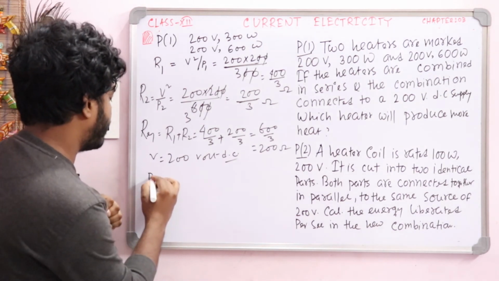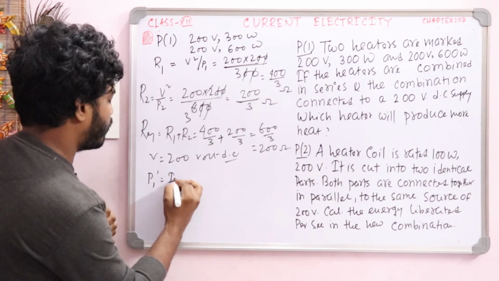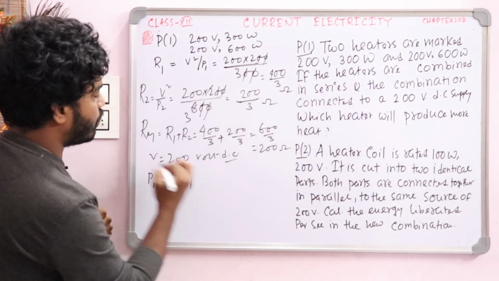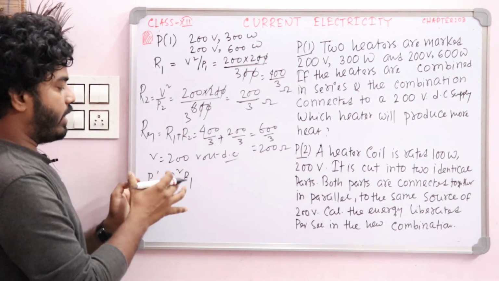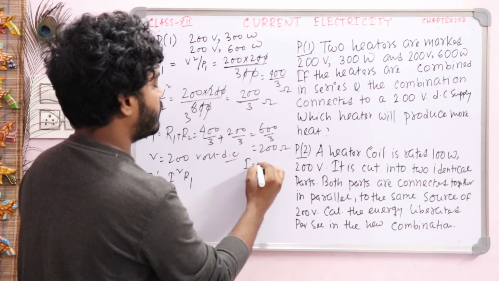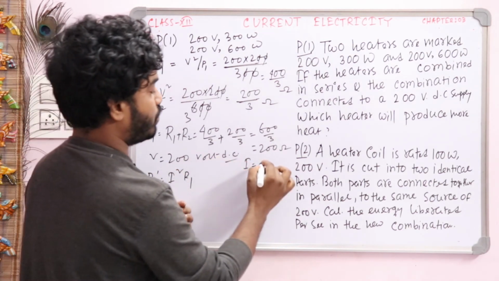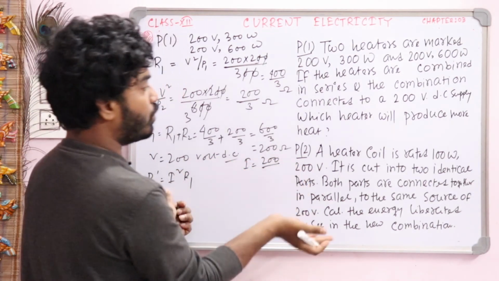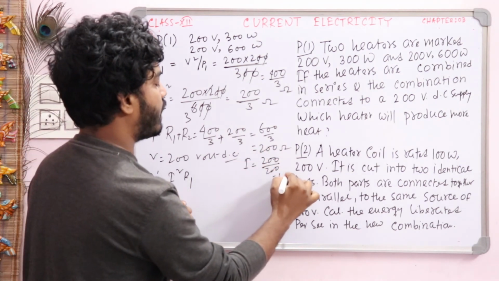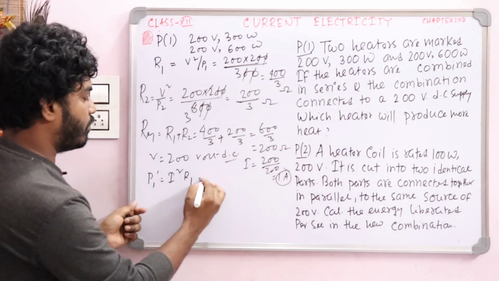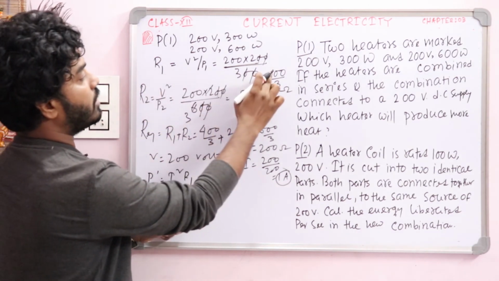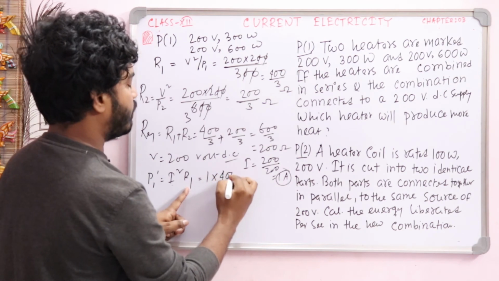So again you find out P1 dash, the formula is I square R1. Here you have to find out I at first. So what is the value of I? That is V, which is 200 volt, divided by total resistance, that is 200. So 200 by 200, that is I is 1 ampere. So write down I, that is 1, and resistance R1, that is 400 divided by 3.